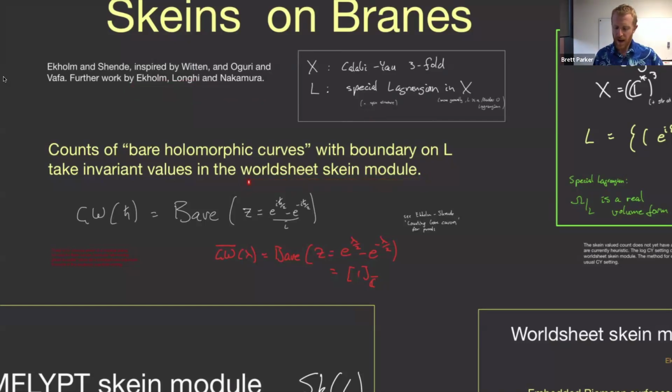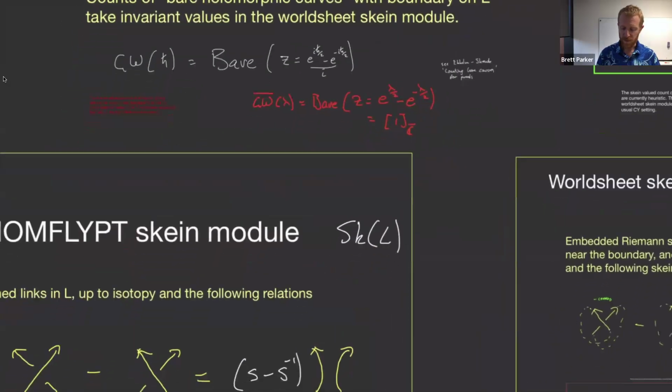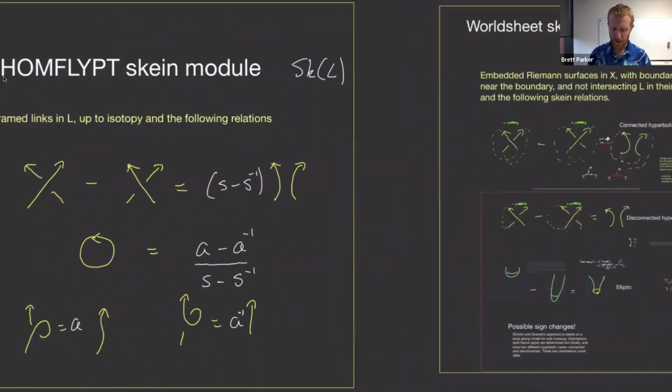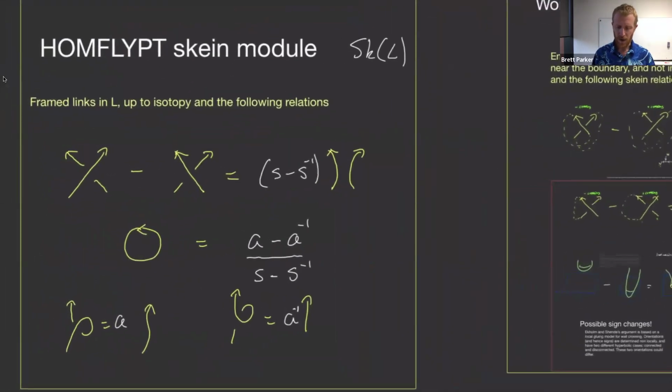And then, by choosing extra data, you can map this worldsheet Skein module to the HOMFLY Skein module.